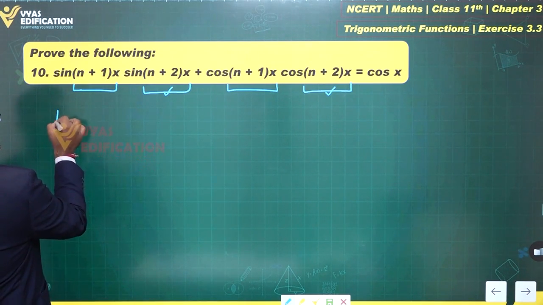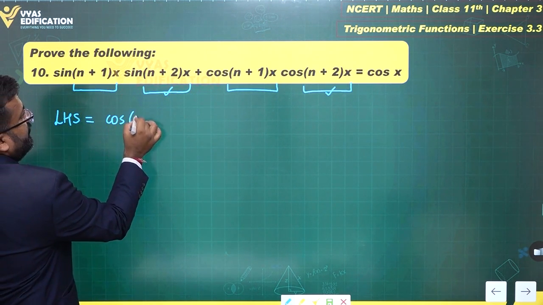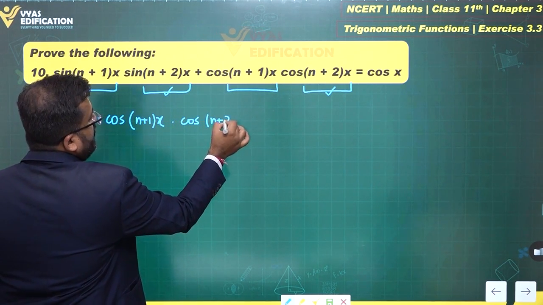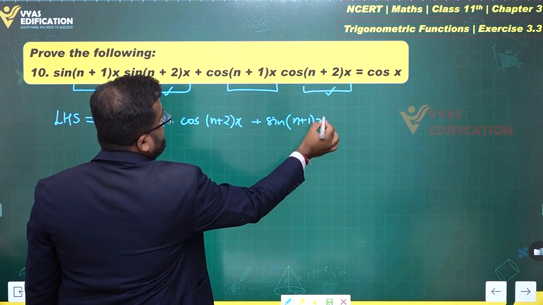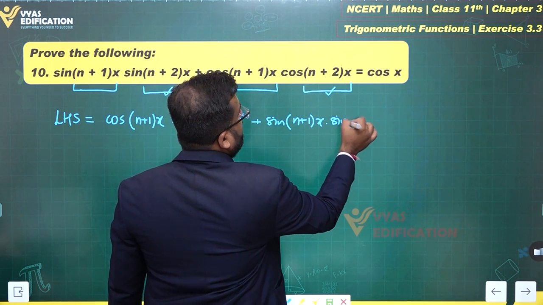So, let us simplify the LHS. LHS is equal to cos of (n plus 1)x times cos of (n plus 2)x plus sine of (n plus 1)x times sine of (n plus 2)x.